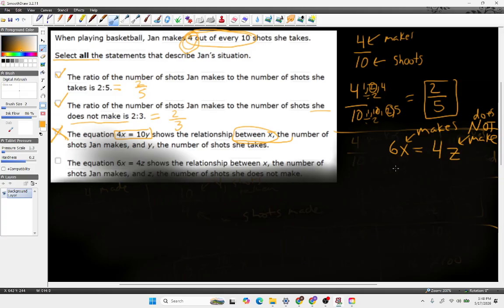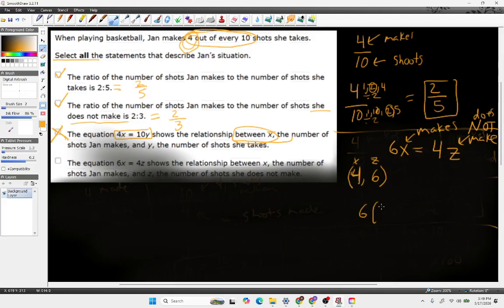So we're going to use our pair of 4 for x, and for z, it's going to be 6. Because if she makes 4 out of 10, that means she misses 6 out of 10. And I have to use the values they've specified in order to see if this equation is true or not. So for x, I'm going to substitute in 4.